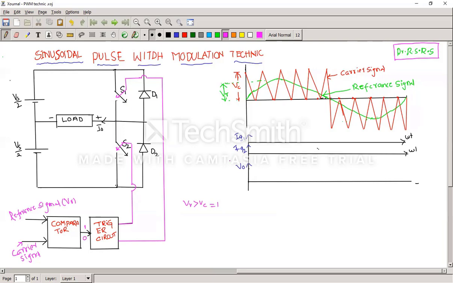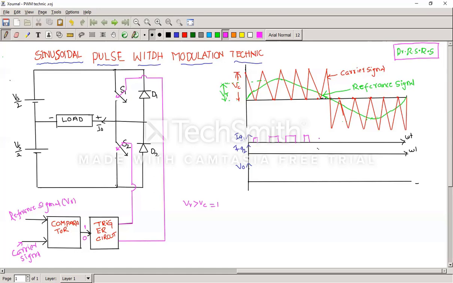Now, based upon this logic, if we draw the gate current to the first switch, this is S1. In this interval, the reference signal is more, so this is the pulse. Again here, more reference signal, so this is the pulse. Again here, more, but the pulse will be lesser.